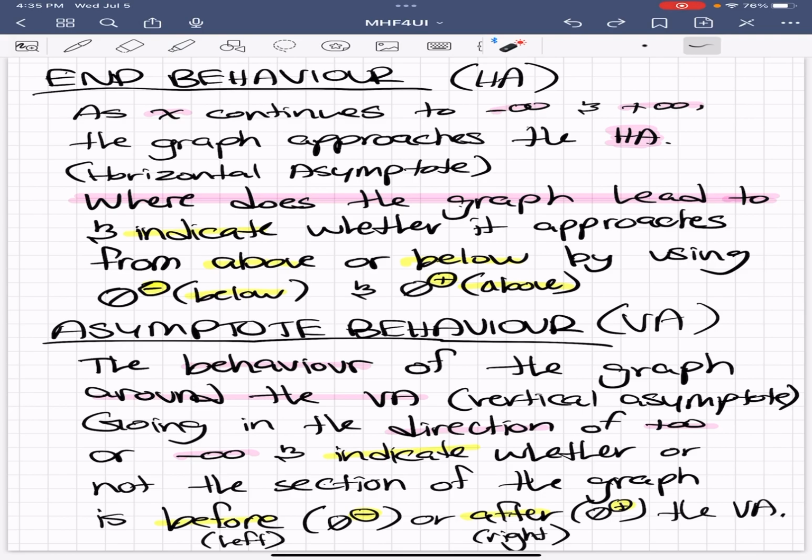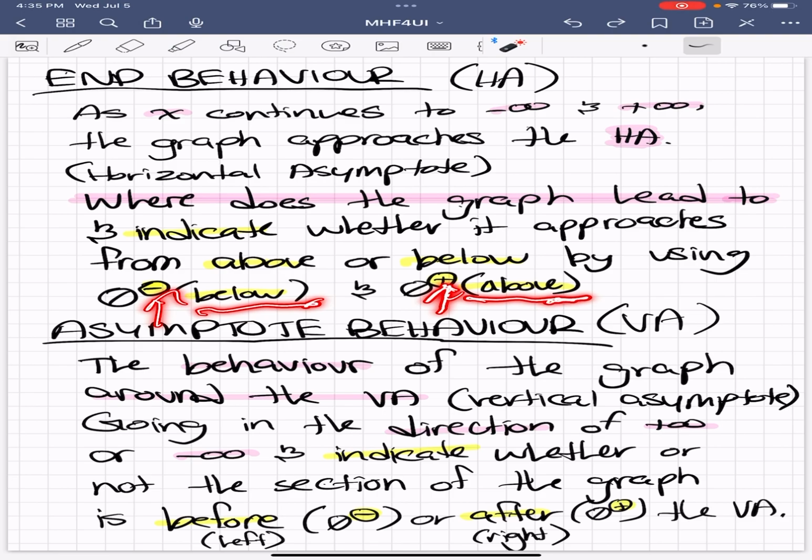So end behavior. As x continues to negative infinity or to positive infinity, the graph approaches the HA, the horizontal asymptote. Where does the graph lead to? And indicate whether it approaches from above or below the HA by using the negative sign or the positive sign. The negative sign equals below and the positive sign is above.